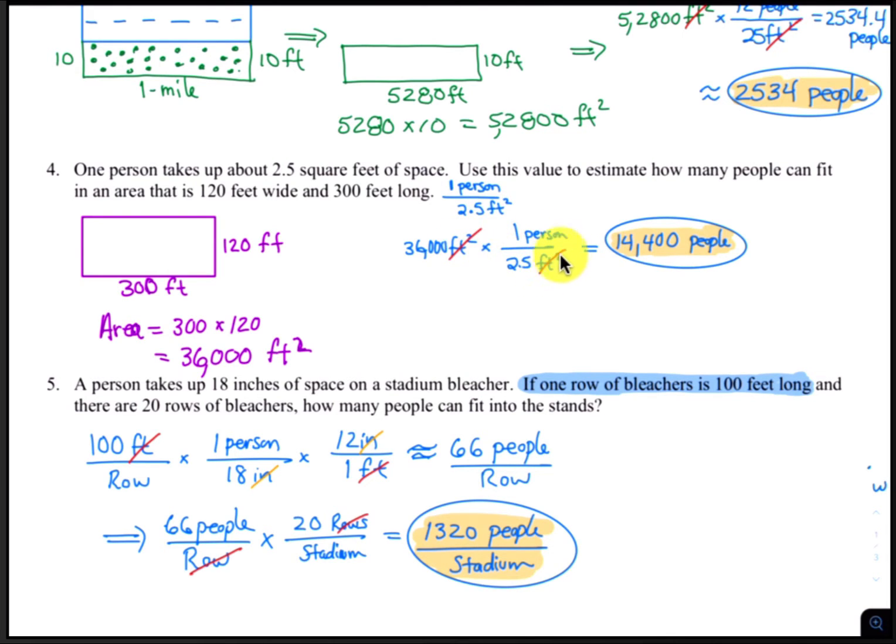Let the square feet cancel out. And then you multiply 36,000 times 1 and then divide by 2.5. And we get 14,400 people that can fit in this space.